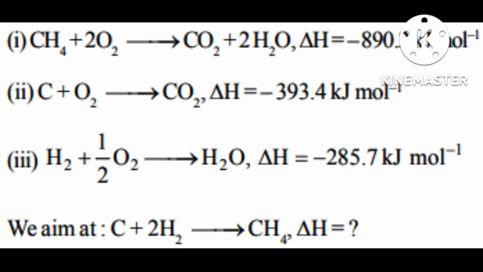The combustion of 1 mole of benzene takes place at 298 Kelvin and 1 atmospheric pressure. After combustion, carbon dioxide gas and liquid H2O are produced, and 3267 kilojoule of heat is liberated during this reaction.